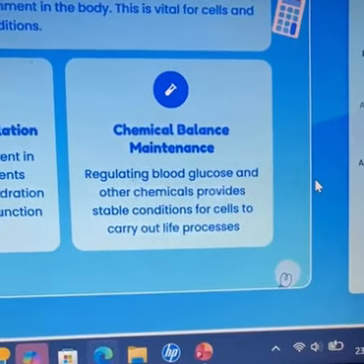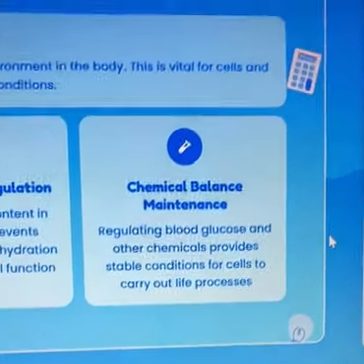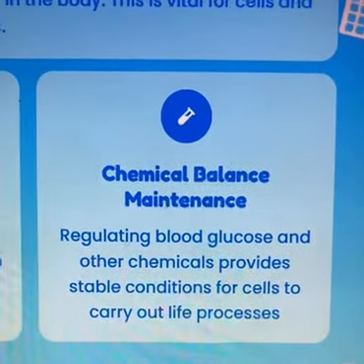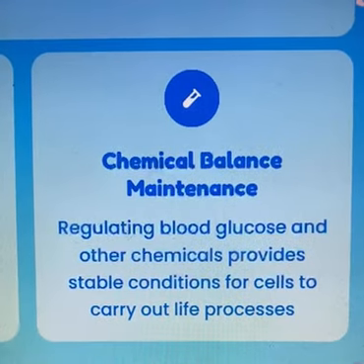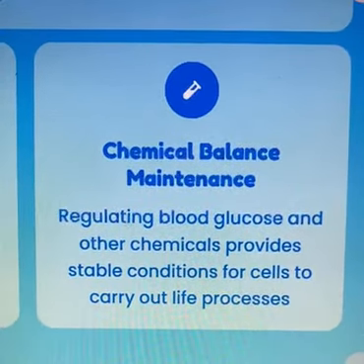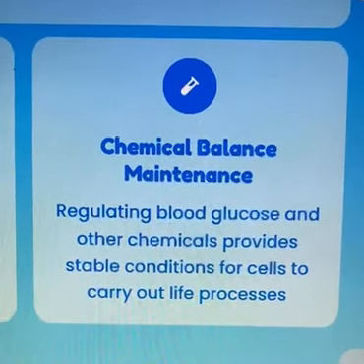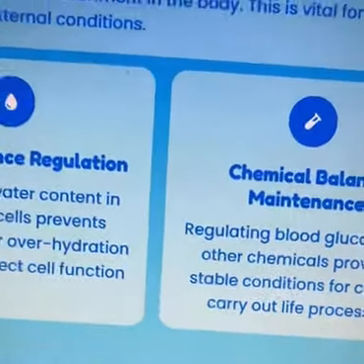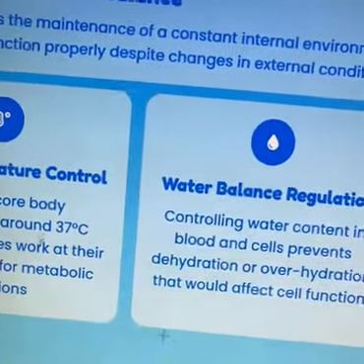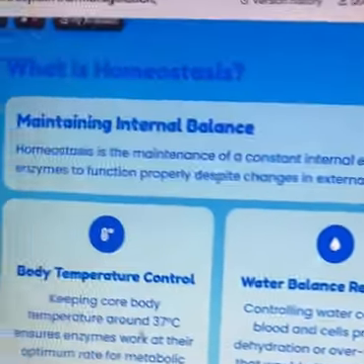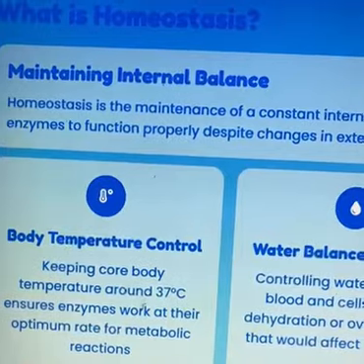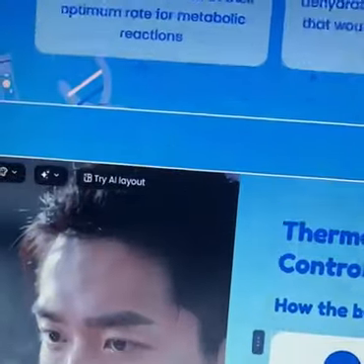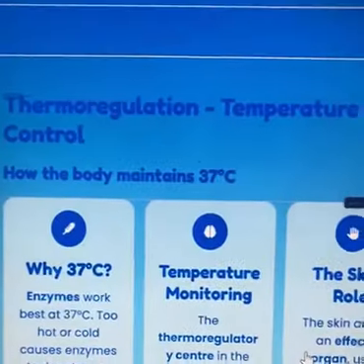And the last one is chemical balance. Regulating blood glucose and other chemicals provides a stable condition for cells to carry out life processes. Okay, so this is about homeostasis. By now, you should be able to know what is homeostasis.